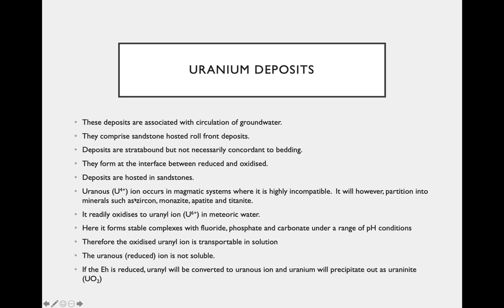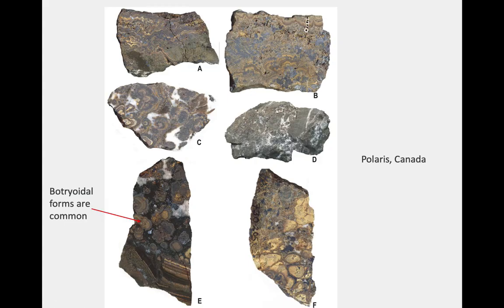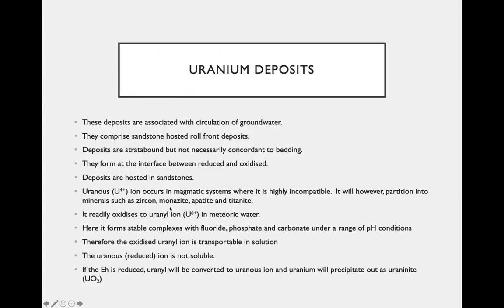So the reason for that is uranous iron, uranium 4 plus, occurs in magmatic systems where it's highly incompatible and only forms in minerals like zircon, monazite, apatite, things like that. And it readily oxidizes to uranyl iron, uranium 6 plus, in meteoric water. And oxidized uranium has high solubilities in fluids, because it complexes with things like fluoride, phosphate, and carbonate under a range of pH conditions.